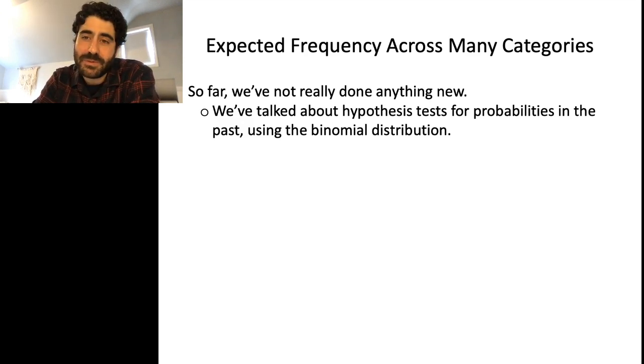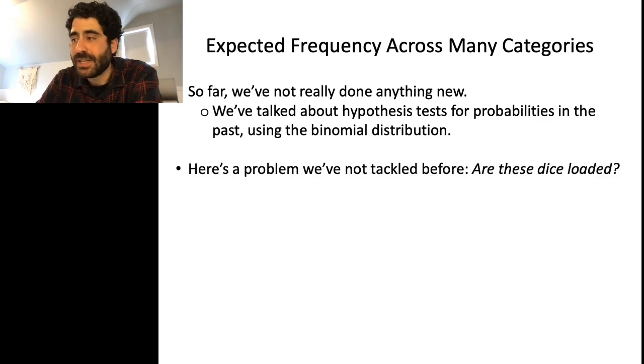And we were trying to test whether the number of schizophrenia diagnoses that we were counting in that population is different from what we'd expect from some baseline null hypothesis. But often we're going to have more than two outcomes in our nominal data, and for that, the binomial distribution doesn't really apply.